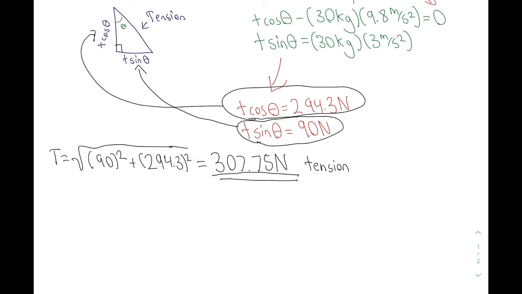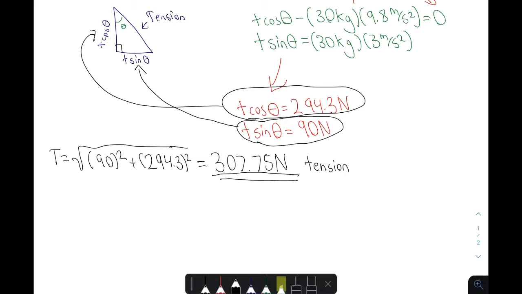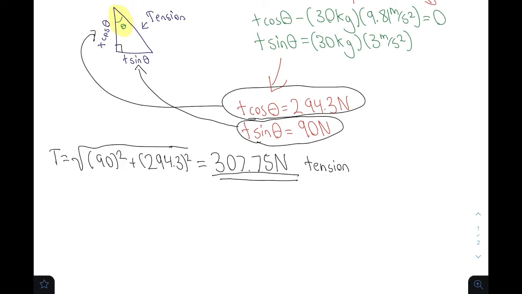Now we have to find one more thing to solve the problem, which is the angle theta. And since we already have the components of the triangle, we can just use trigonometry to solve this. Tan theta is equal to sine theta over cosine theta. So we have sine and cosine here.